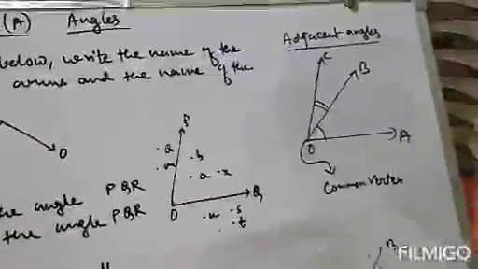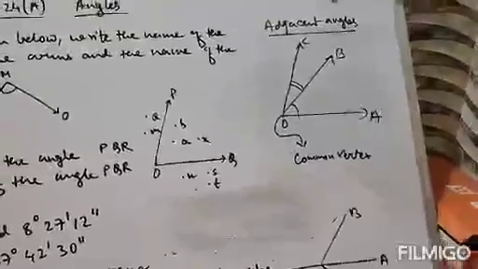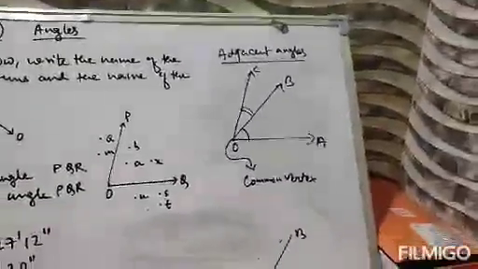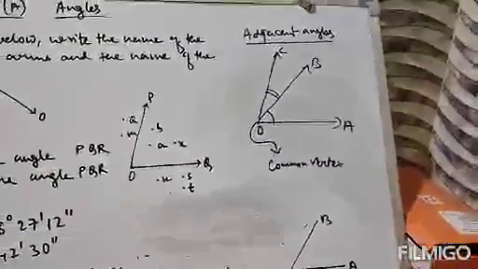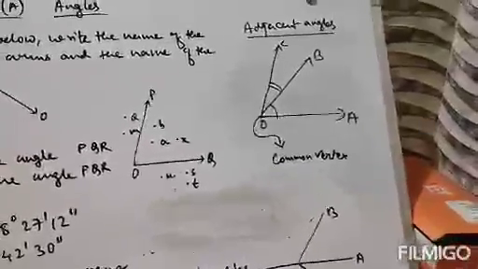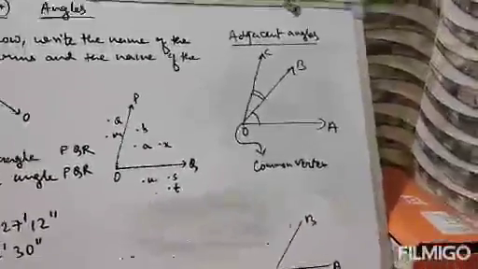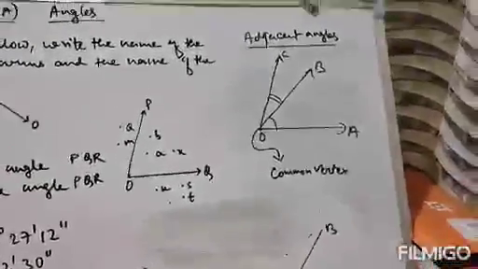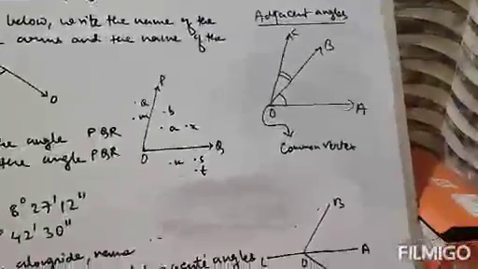Condition number 1 is that they have their vertices at the same point. The 3 rays or more than 3 rays should have a common vertex. That is the first criteria for formation of adjacent angles.